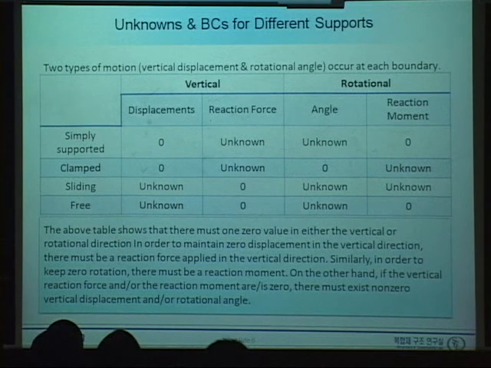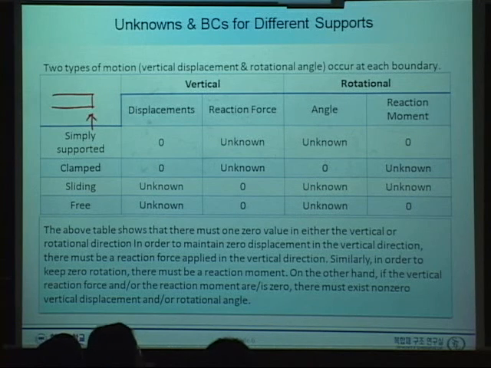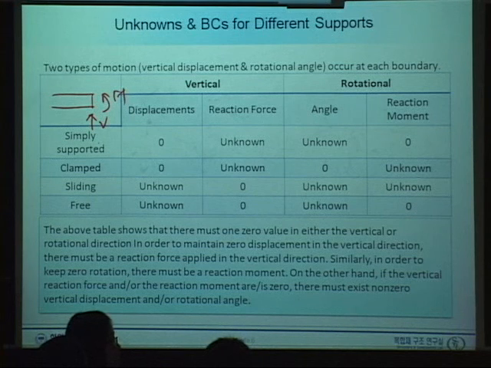Well, this is just a summary of unknowns and boundary conditions for different supports. At the ends, we can always have either V or moment.